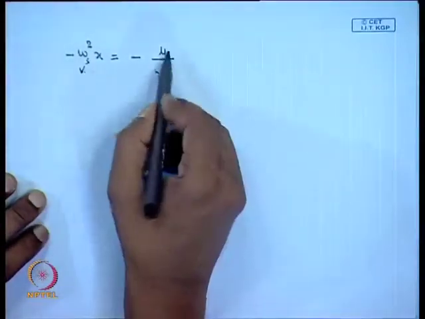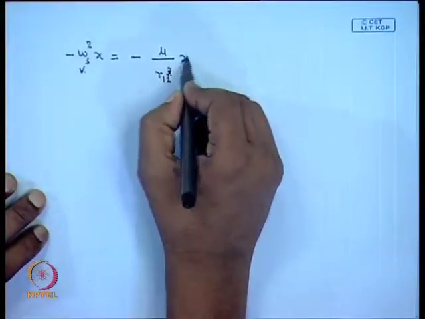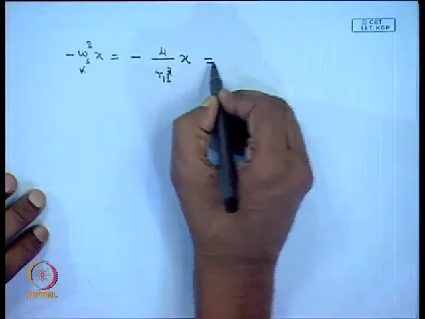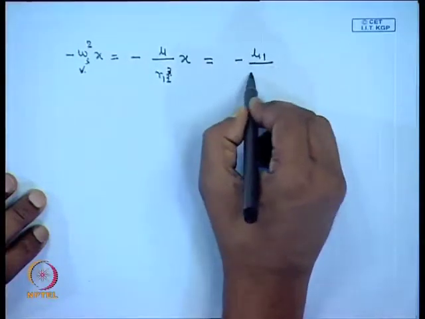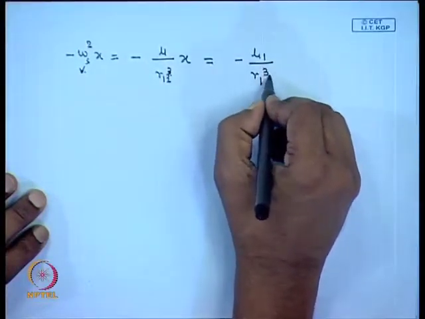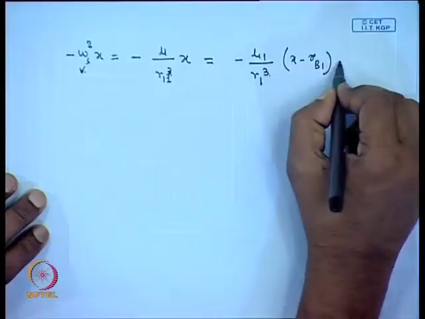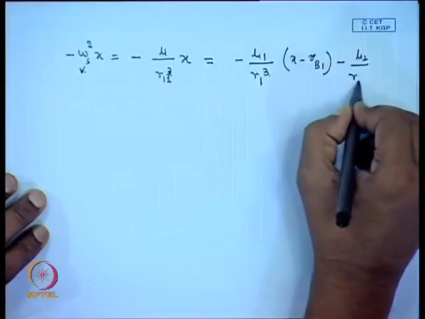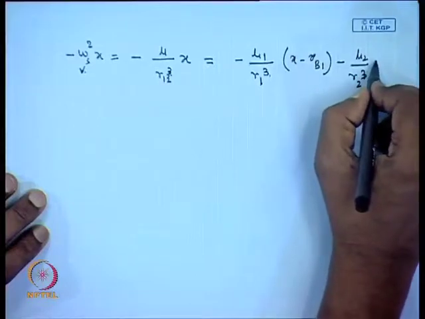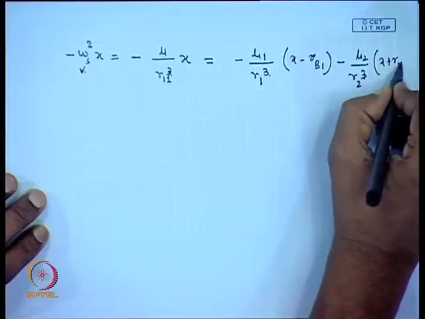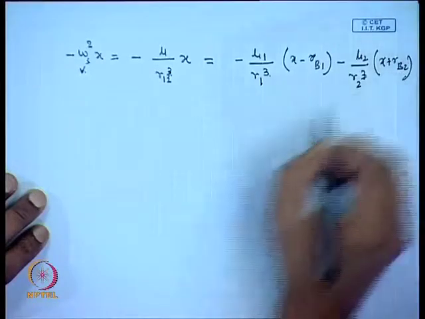So, omega square is equal to this quantity, and therefore, this is equal to minus mu1 by r1 cube times x minus Rb1 minus mu2 by r2 cube times x plus Rb2.